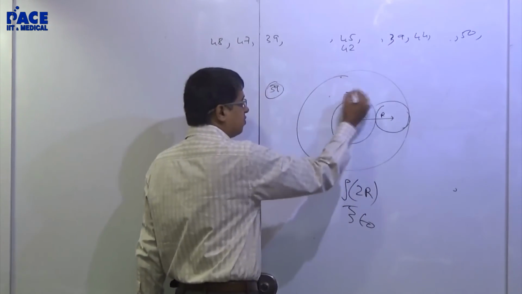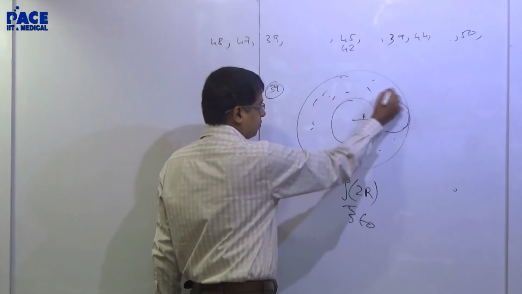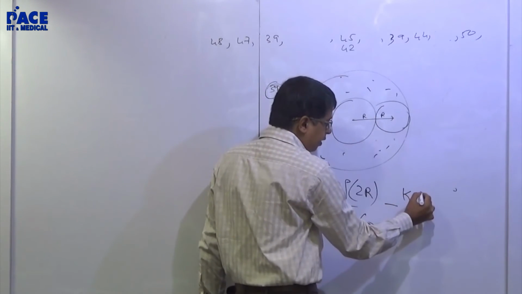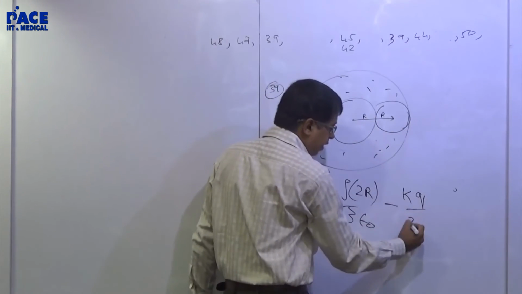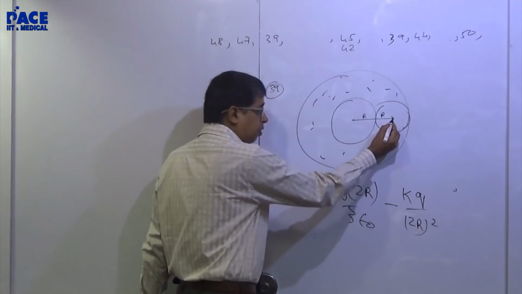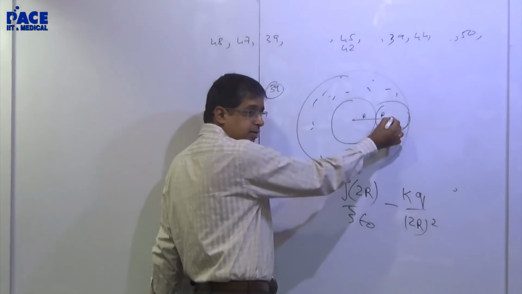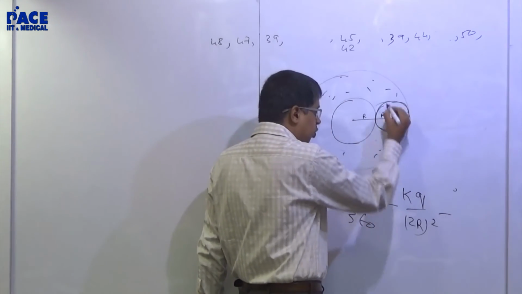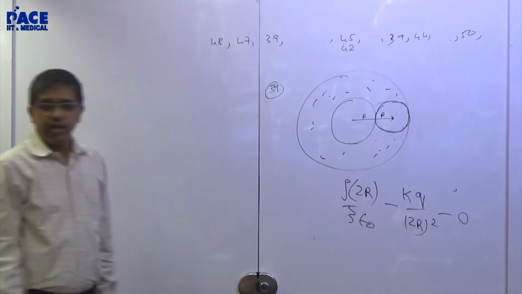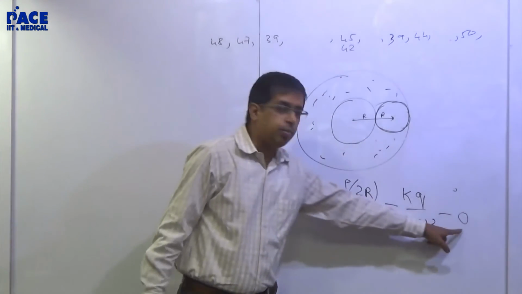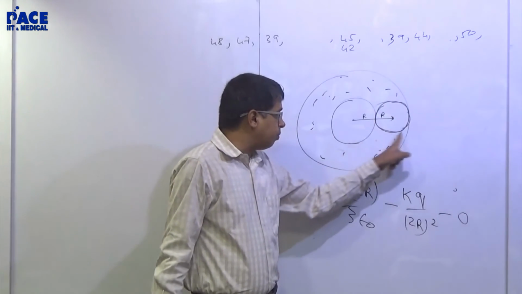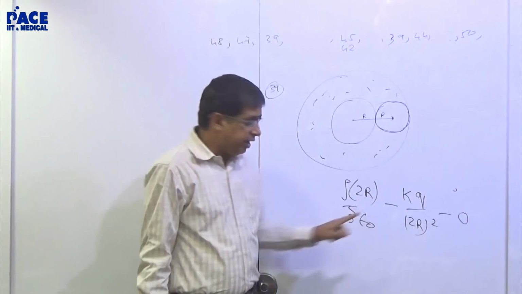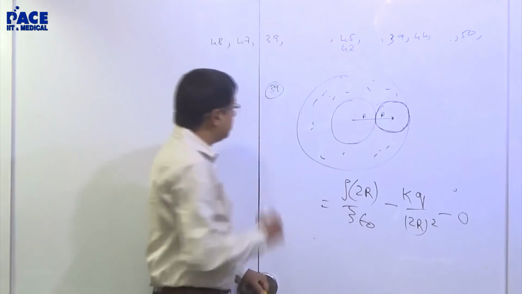Field here because of the complete sphere, minus field because of the removed part, K small q by 2R whole square. This point is external to the removed part. Right? Minus field because of this removed part, that will be 0. Field because of a sphere at its center will be 0. So this removed part, if you remove, that will become 0 here. Agreed? Substitute for rho, you get the answer.